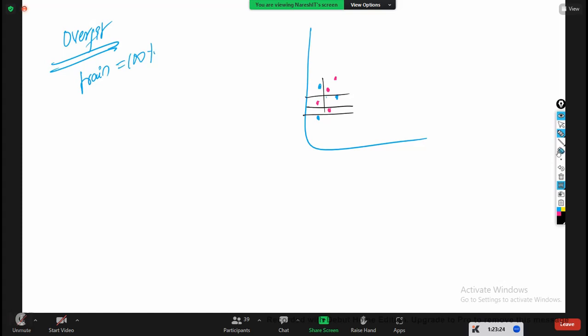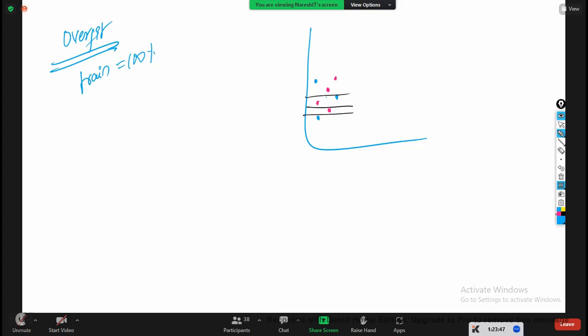For example, here I have to draw this line. Should I draw this line or not? It is completely dependent on the points. For example, here there is no blue point, so this black line is sufficient. Assume there is one more blue point here. Is this one black line sufficient? No, it is not sufficient.